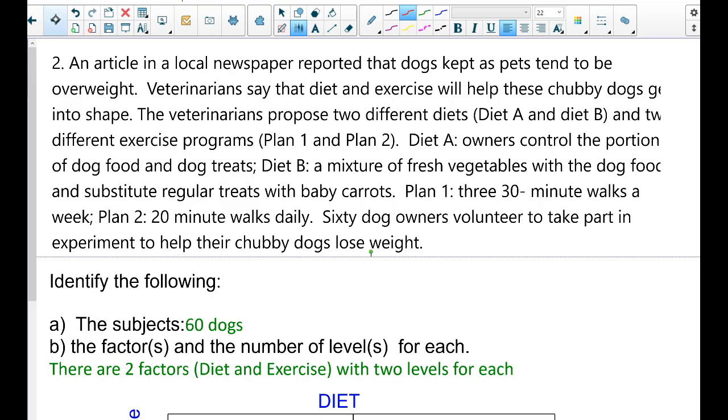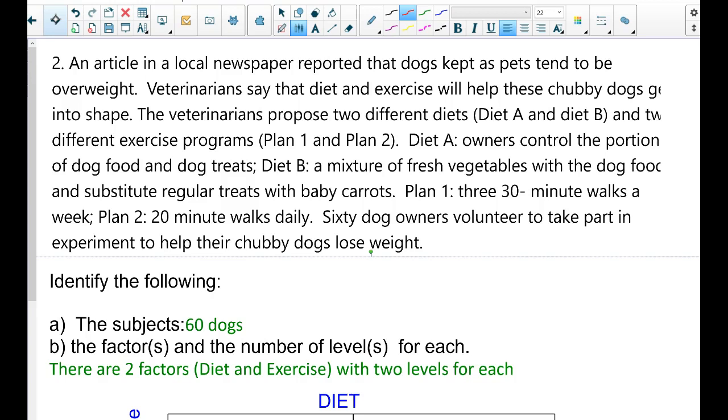An article in a local newspaper reported that dogs kept as pets tend to be overweight. Veterinarians say that diet and exercise will help these chubby dogs get into shape. The veterinarian proposes 2 different diets. So you have Diet A, Diet B, and 2 different exercise programs, Plan 1 and Plan 2. Diet A owners control the portion of the dog food and the amount of treats.